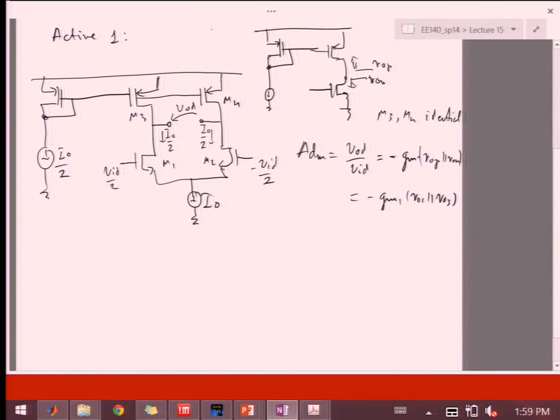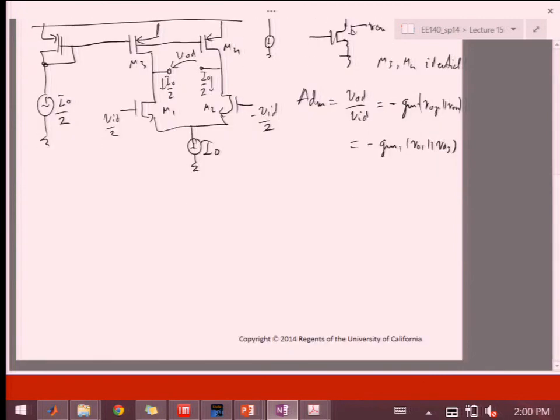Because you're relying on the fact that this source over here will replicate down to exactly I over 2. So that in the just biased case, before you apply any differential input, you have the two summing together into I naught. And obviously, even if the matching from here to over here is exact, these two would have to be exactly in a 1/2 relationship with respect to each other, right? And that's not easy to ensure.